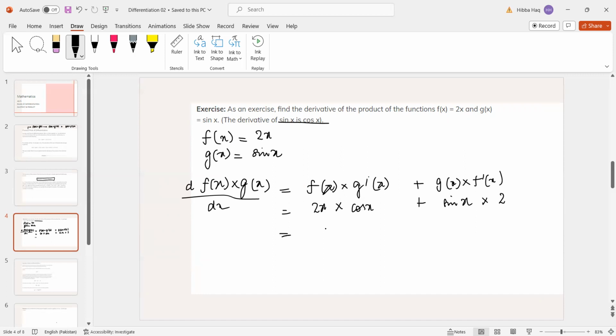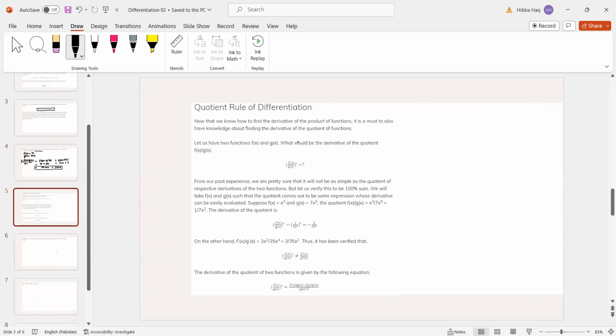And then you can write it as a linear expression: 2x cos x plus 2 sine of x, which is going to be your final answer for the differential of f of x into g of x. So this is how you're going to apply the product rule to the multiplication of two functions and to differentiate them, right?